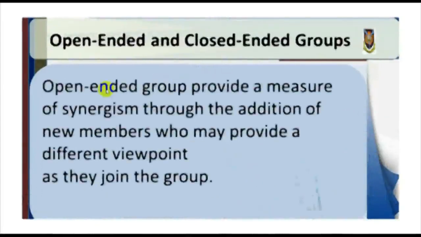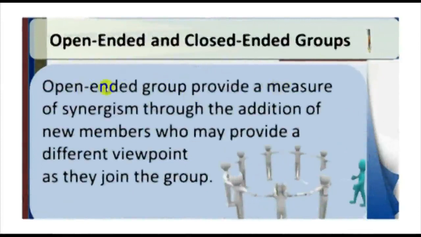Open-ended and closed-ended groups. Another consideration before establishing a group is to determine whether the group will be open-ended, that is, which allows new members to be added as old members leave, or closed-ended, that is, which allows members to remain constant until termination.